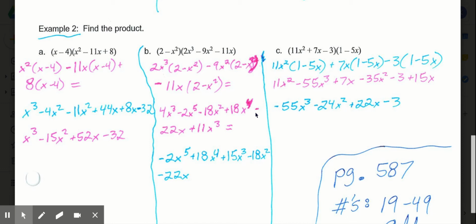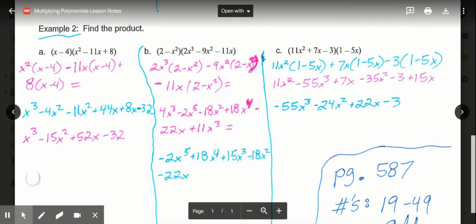In this case, I break apart the trinomial and we multiply it by our binomial. If we look at the first one, A, we have the binomial x minus 4, and then the trinomial x squared minus 11x plus 8.